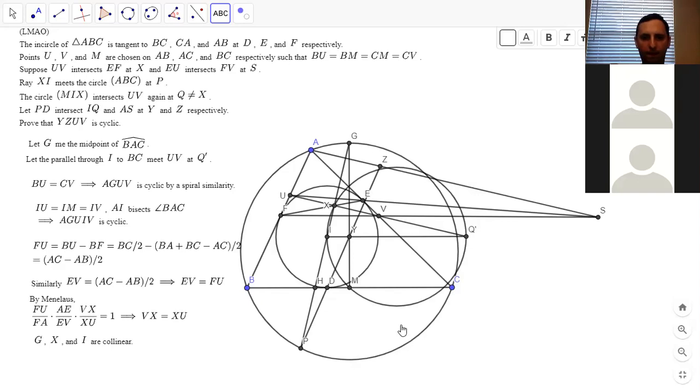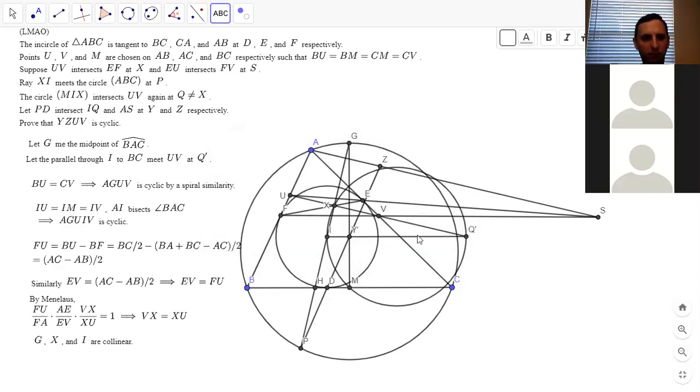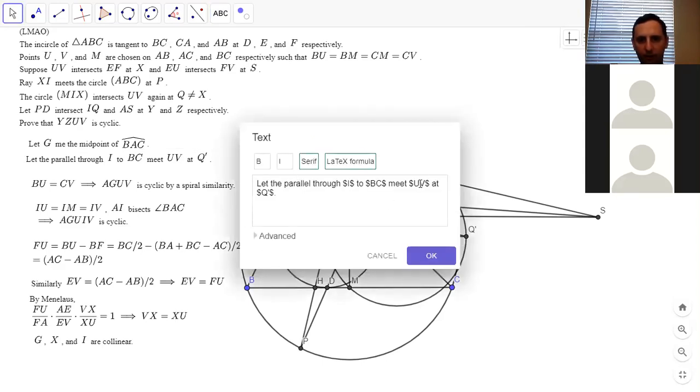Okay. So also I'll say it meets UV and PV at Q prime and Y prime.